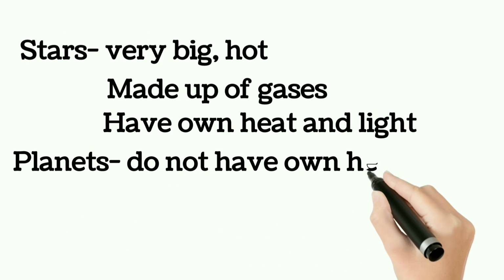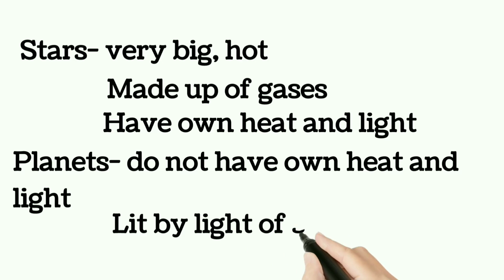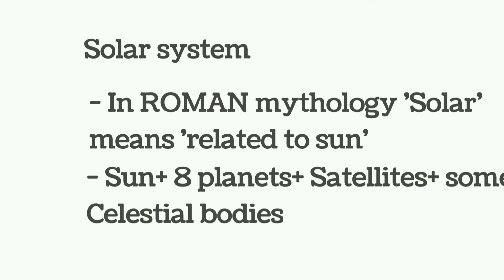Whereas planets do not have their own heat and light, and they require light from stars. To shine in the sky, they take light from the stars. Such bodies are called planets. So for stars and planets, the major difference is their heat and light. Stars have their own heat and light, whereas planets do not. I think it is clear.